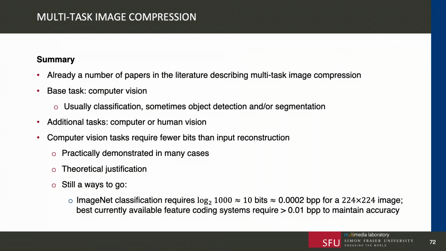So to summarize, there are already a number of papers in the literature that describe various multitask image compression systems. In most of those cases, the base task is the computer vision task, usually classification, sometimes object detection or segmentation. And besides the base task, there's usually an additional task which may be related to computer or human vision.